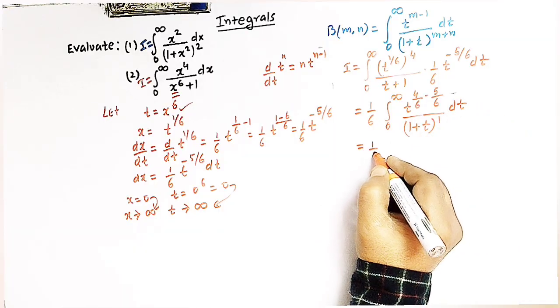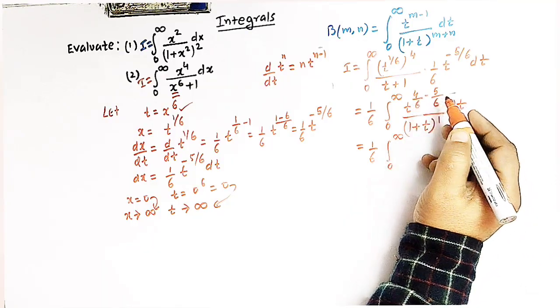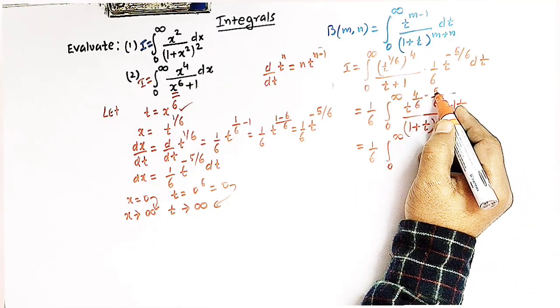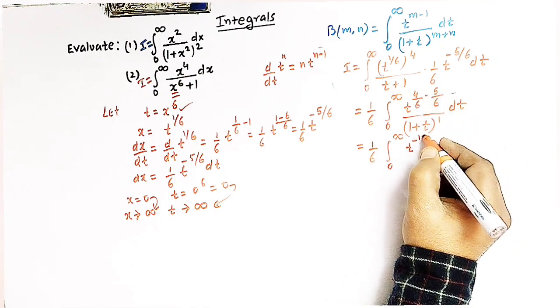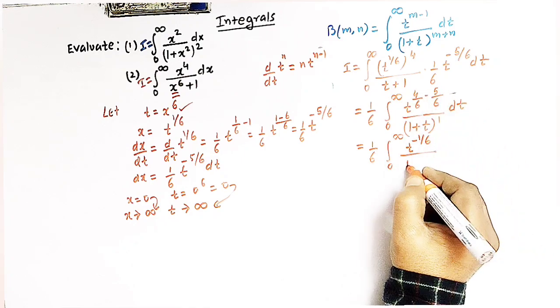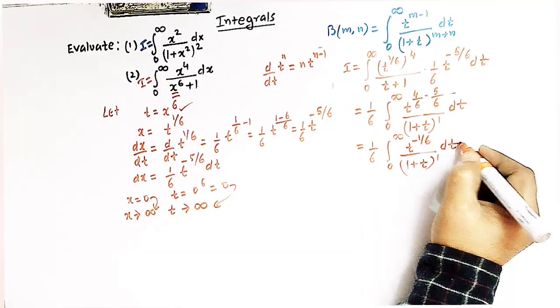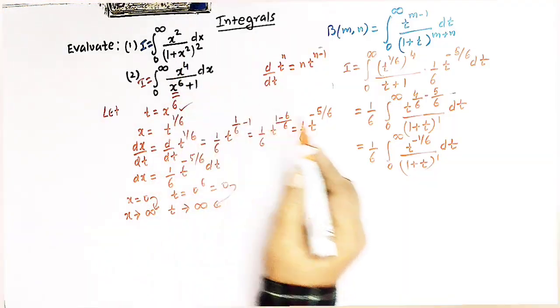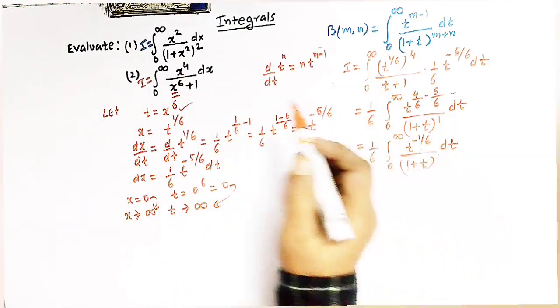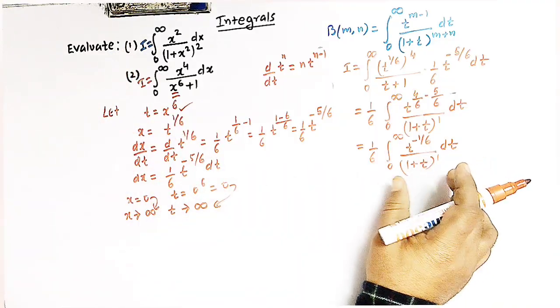So now we can write 1 over 6, 0 to infinity, and here 4 minus 5 is minus 1. So we have t raised to minus 1 over 6, and here we have 1 plus t raised to 1 and dt, right?